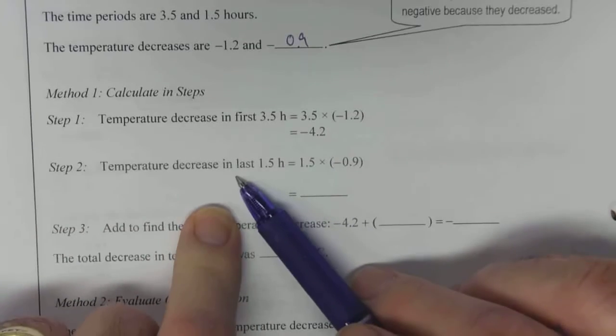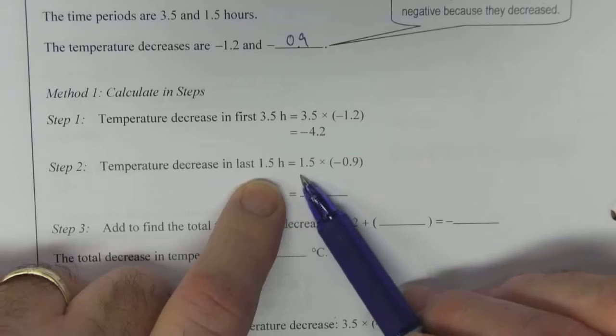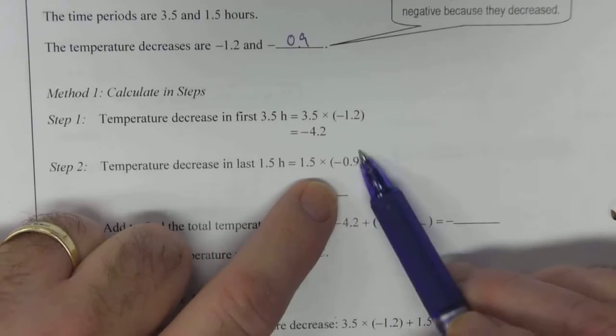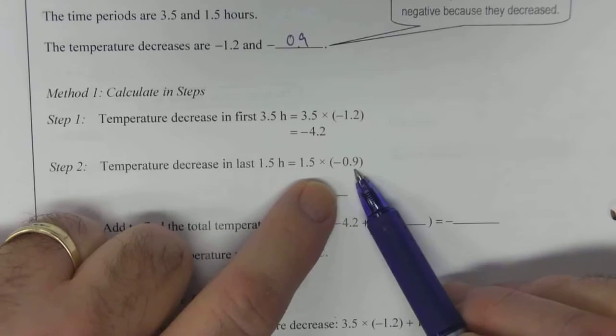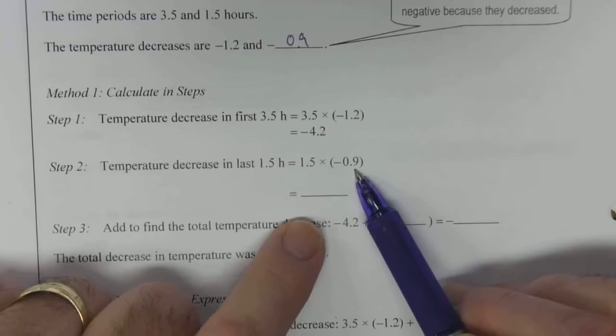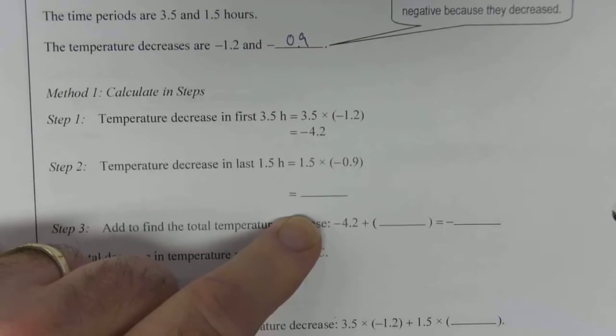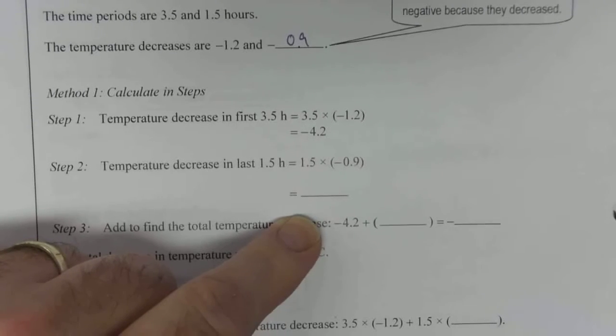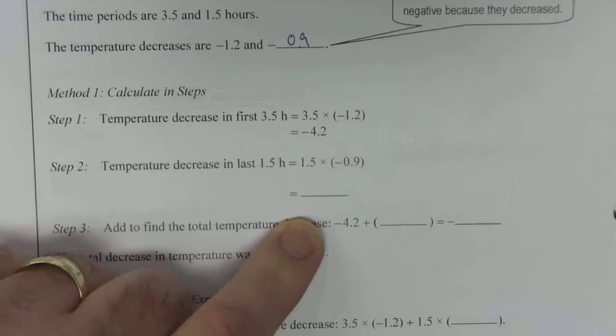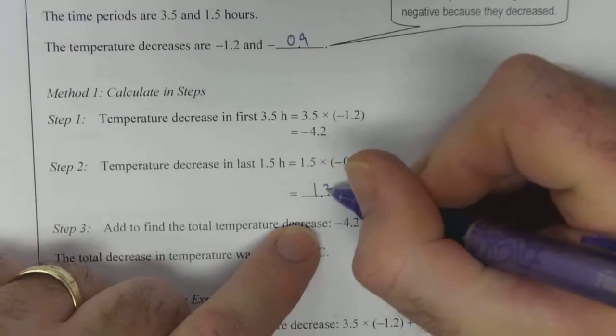In the second stage, it was an hour and a half, so 1.5 times the rate of 0.9 degrees Celsius per hour. And 1.5 times 0.9 is going to give you 1.35.